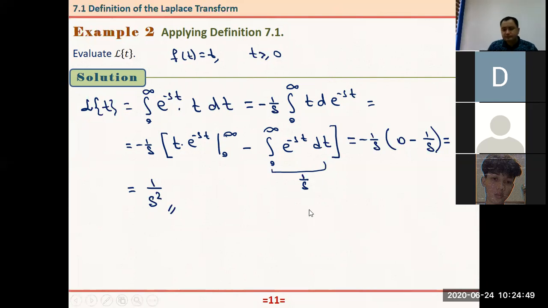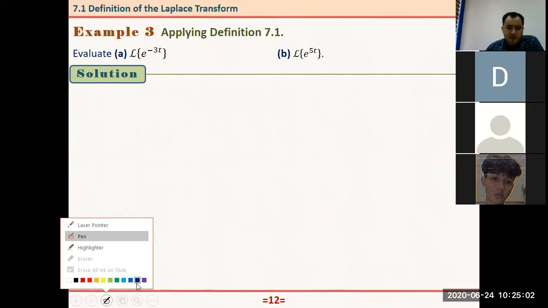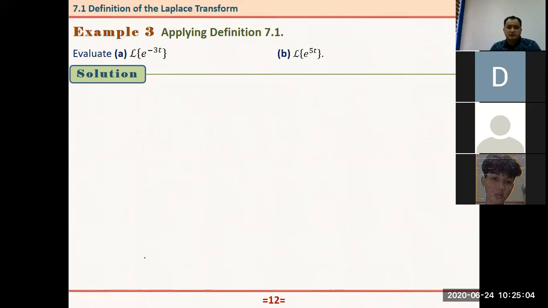Okay. Continue. Another example. Here we are just warming up and getting used to using the definition. Another two examples here. Let me change my marker color so that you don't fall asleep. So we need to evaluate the Laplace transform of this function.